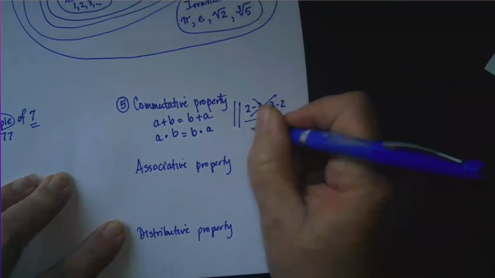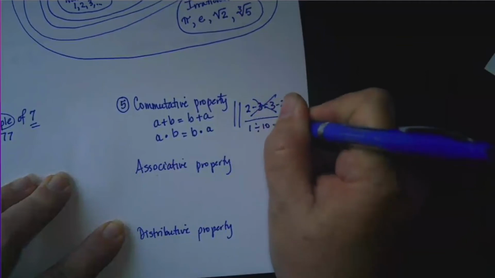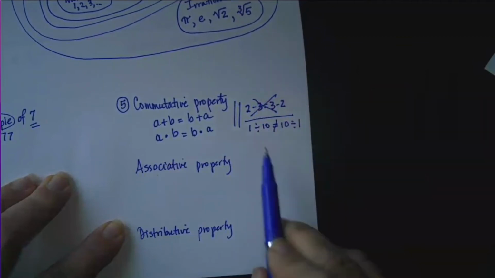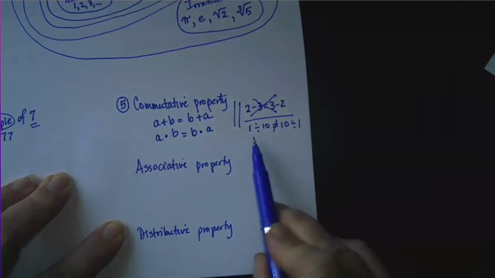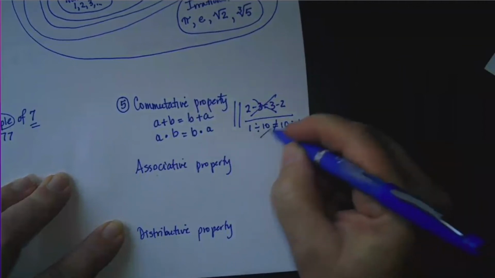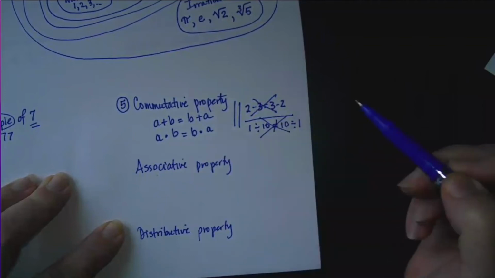The same holds true with division. 1 divided by 10 is 1/10, while 10 divided by 1 is just 10, and 1/10 and 10 are not the same. So the commutative property does not hold true for division, only for addition and multiplication.